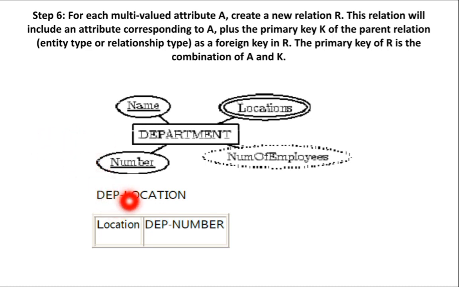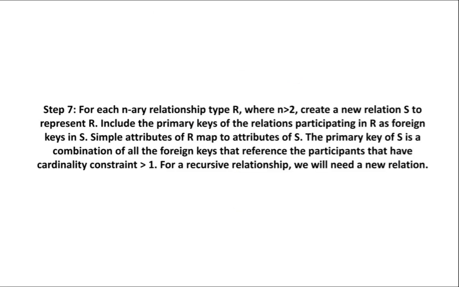That's why location can't be used alone, and you have to use the combination of both location and department number, that is A and K. Hope you're understanding. If you come across any relationship between more than two entities, you again have to create a separate table for such a relationship, and you have to consider all the attributes from all the tables as the primary key.